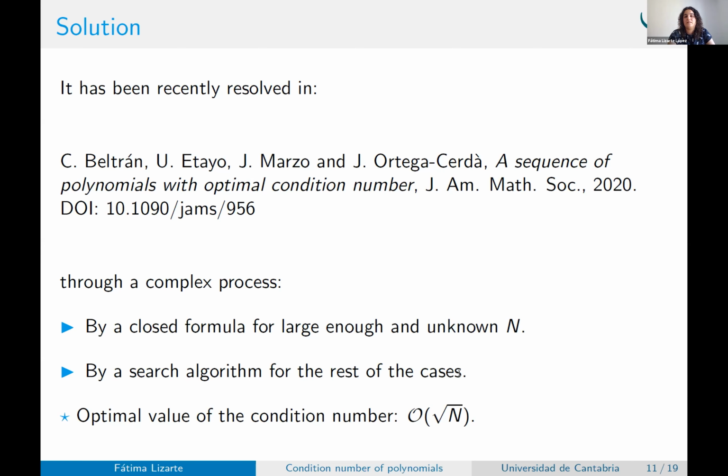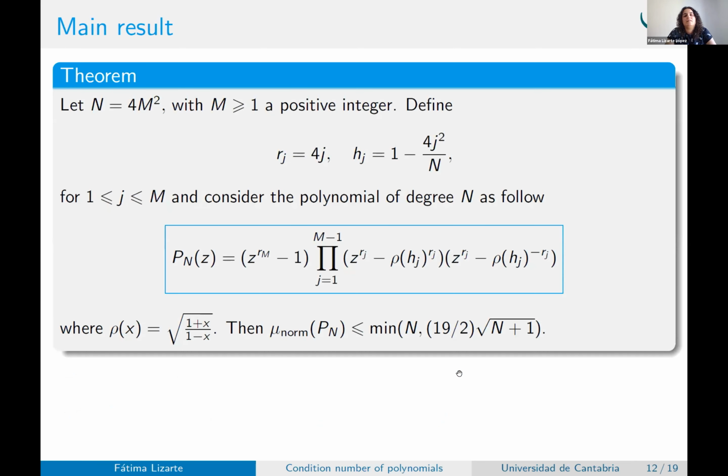Have we achieved this goal? Well, we have described a simple formula for a sequence of well-conditioned polynomials of degree n of this form, 4n squared, with n a positive integer. So we have achieved our goal when n is of this form.